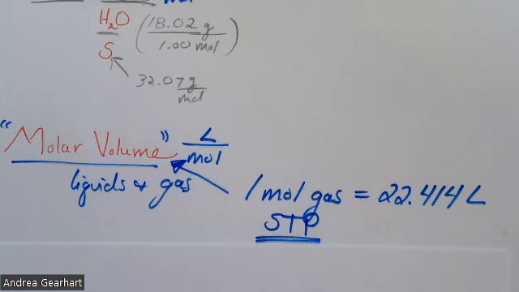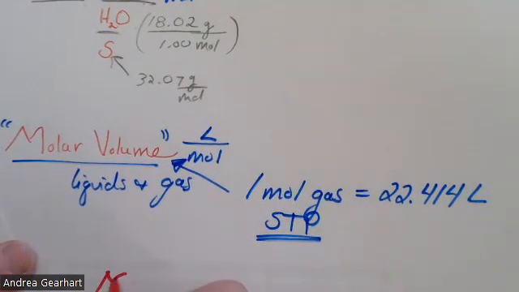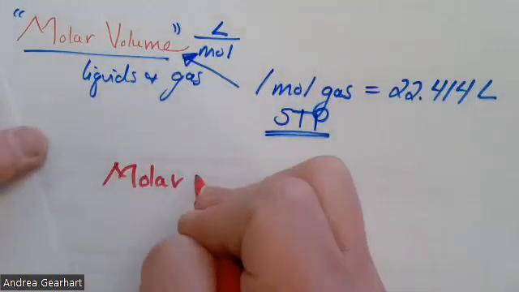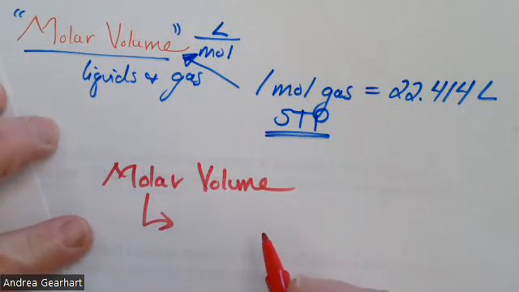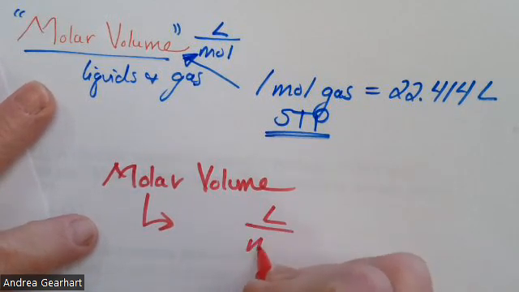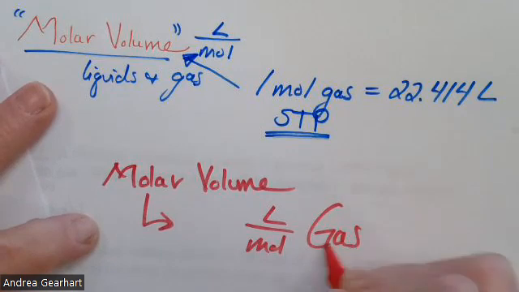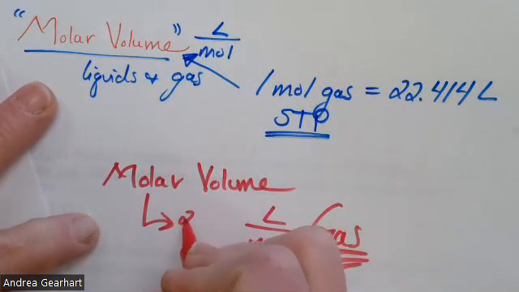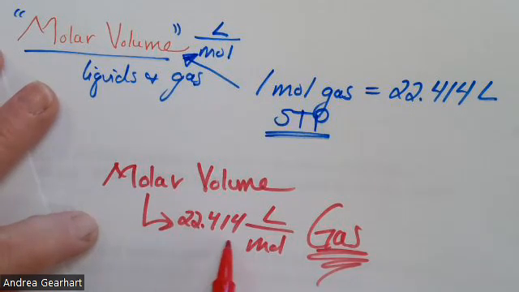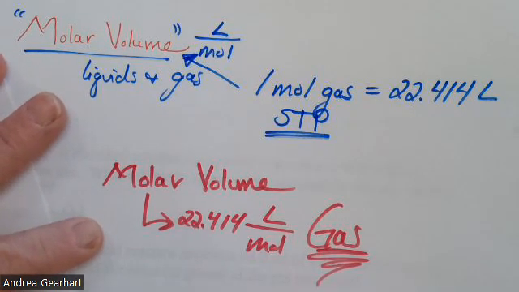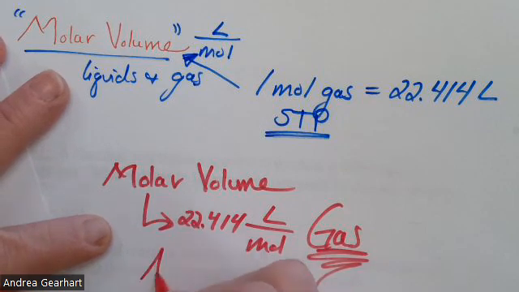So when we talk about molar volume, or we are solving problems applying molar volume, we are talking about liters per mole of a gas, any gas. The value is 22.414. We want those 5 sig figs. It is experimentally determined, so it can limit our sig figs, but this is only true at STP.